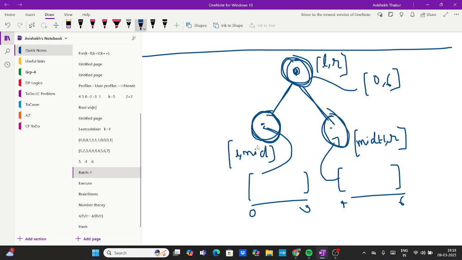Say for this the answer is M1, and for this is M2. M1 is the maximum sum of this range. M2 is the maximum sum of this range. What do you think will be the answer of this?